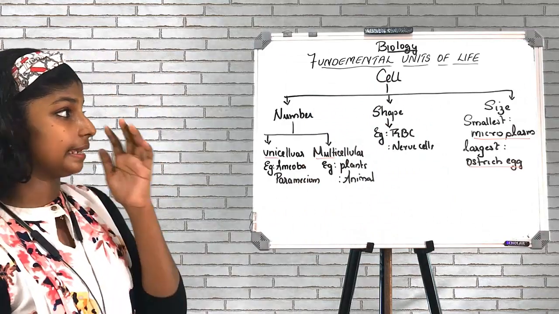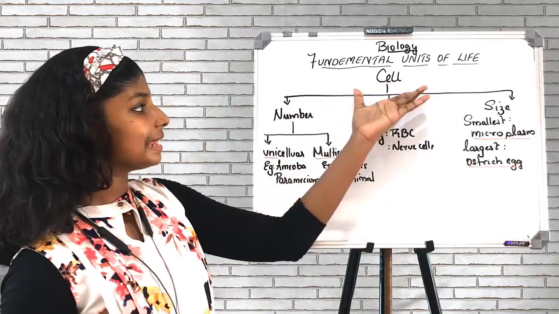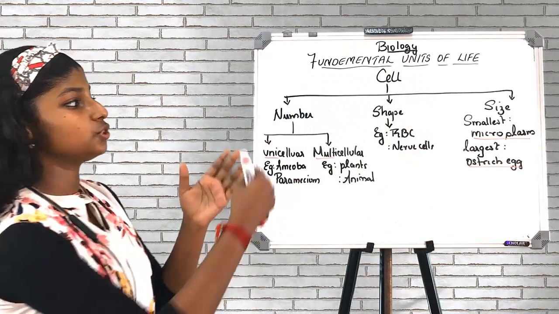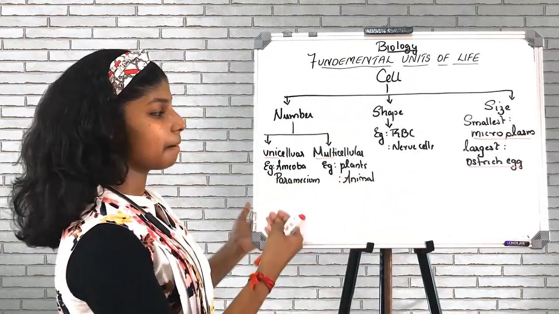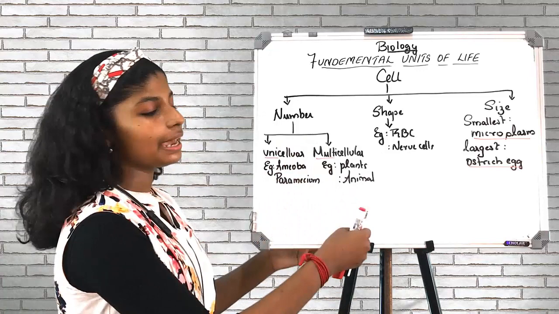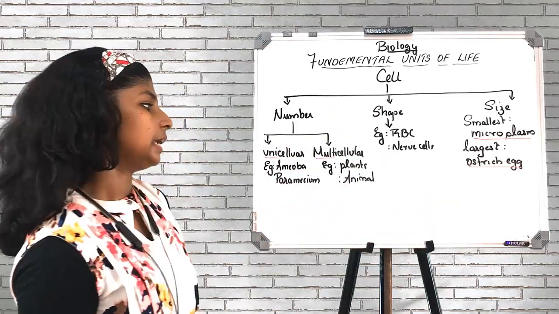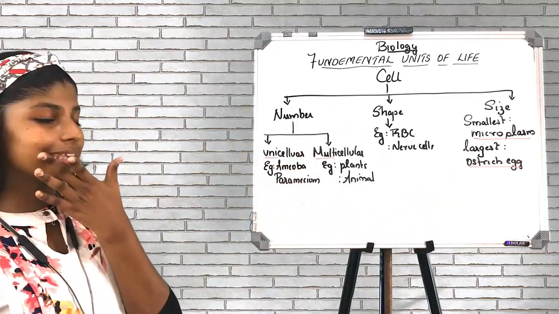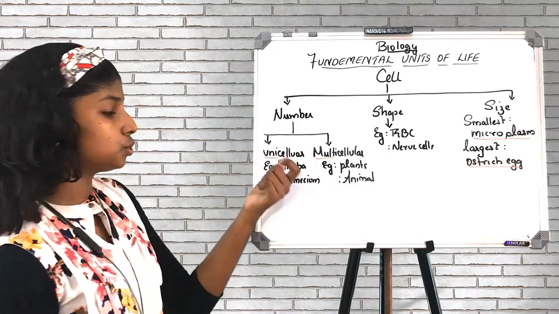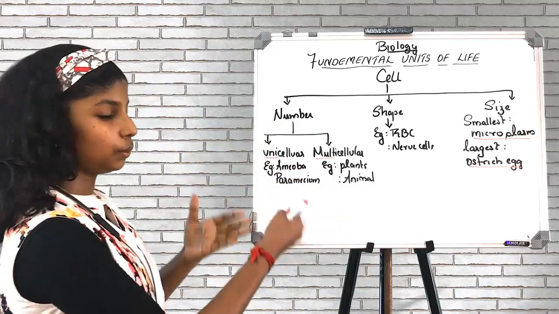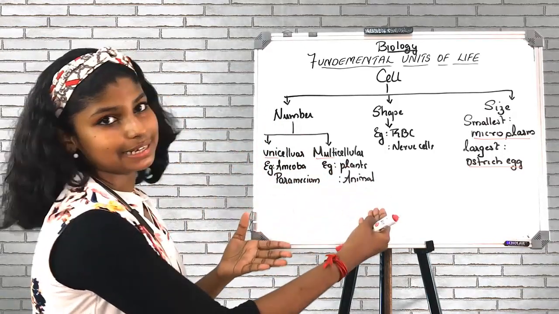We can just revise once again. The cell is classified into three, that is number of cell, shape and size. Number of cell is again classified into two, that is unicellular and multicellular.